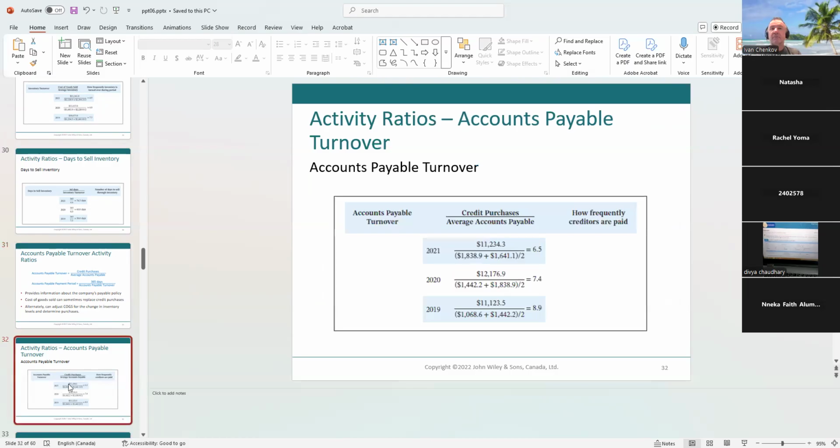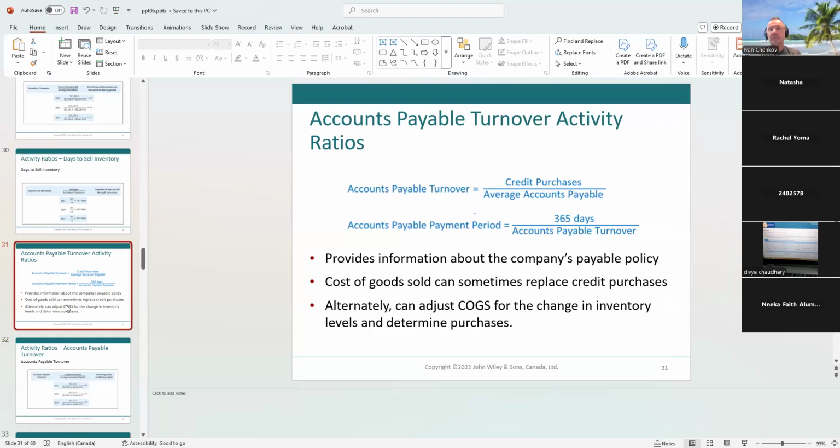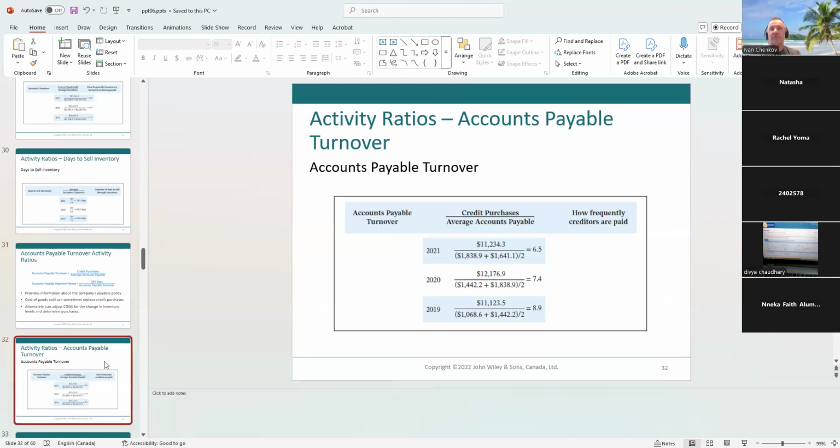So how is this company doing? Before we see that, the same idea as before. High number, fewer days to pay. Low number, more days it takes you to pay. Imagine you're a vendor selling this company materials on account. What do you want?